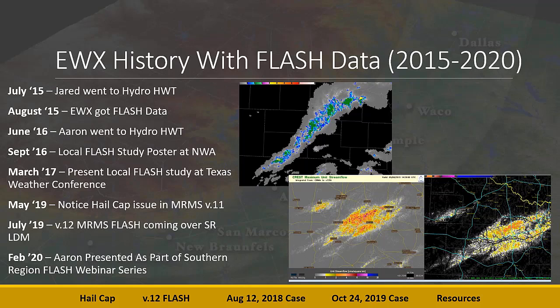A year later, I went to the HWT, and from there, it sort of snowballed into us doing local studies about how Flash can actually help us do better river forecasting. But eventually, because of our usage of it, we discovered this kind of difference in these version 11 and version 12 products, and ultimately helped Southern Region and all the regions get this version 12 of MRMS Flash going into WFOs before the full version 12 MRMS gets rolled out, which should happen later this year.